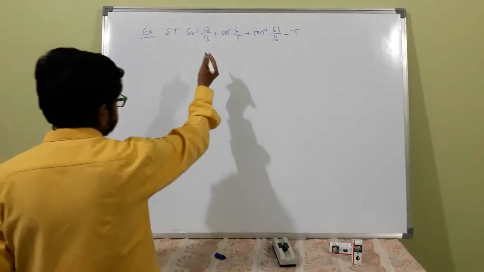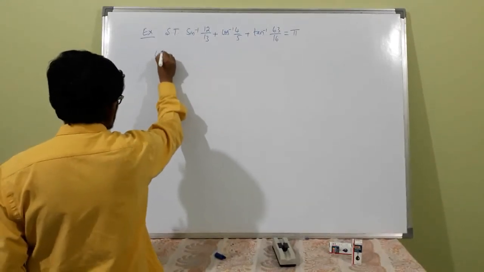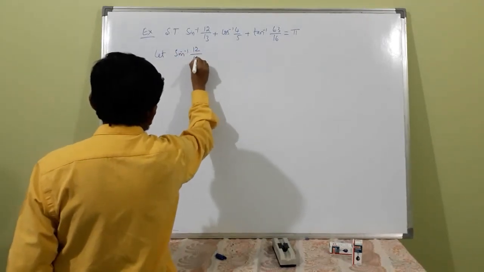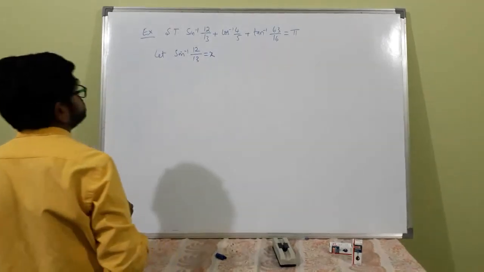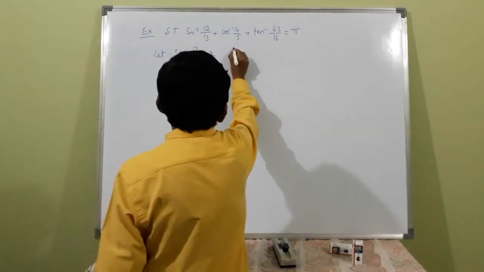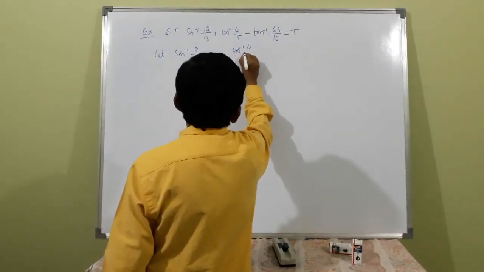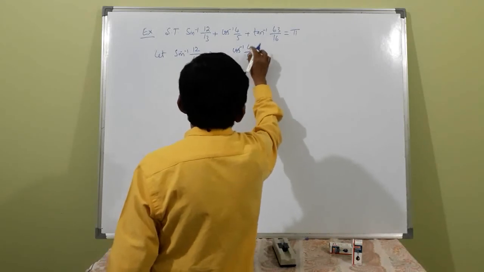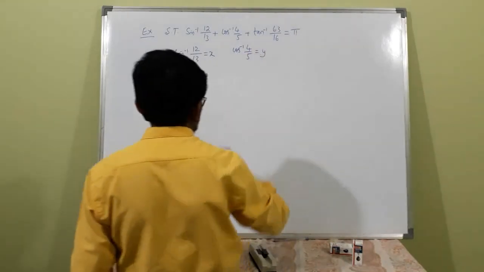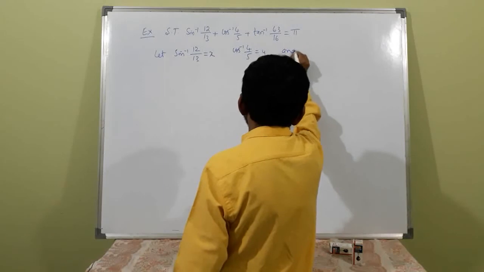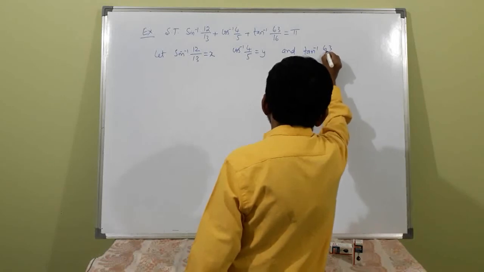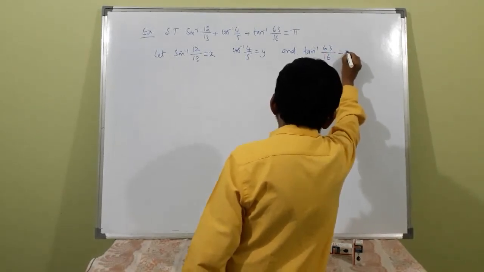Let us consider: let sin inverse of 12 by 13 be x, and cos inverse 4 by 5 be y, and tan inverse 63 by 16 be z.